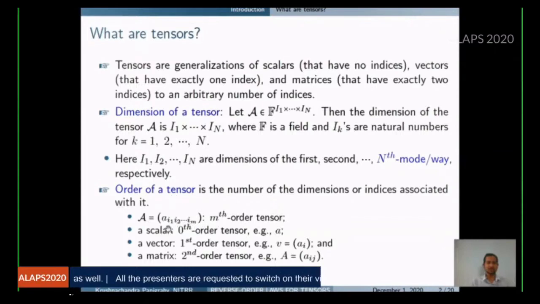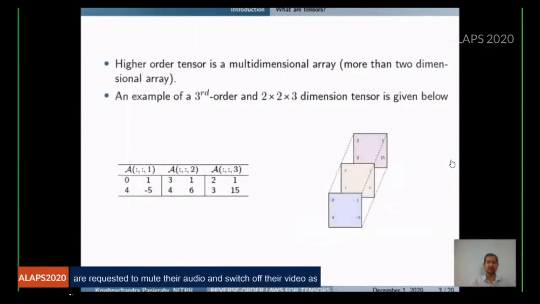Following this definition, a scalar becomes a zeroth order tensor, a vector becomes a first order tensor since only one index is there, and a matrix becomes a second order tensor. That means a second order tensor is nothing but a matrix. Here, an example of a third order tensor of dimension 2 cross 2 cross 3 is given.